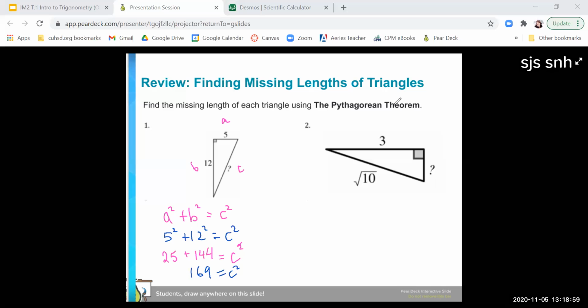This is not the learning goal for today. This is just a review. So now to find our C value, I square root both sides, and that gives me that C is equal to 13. So there's our missing length: 13.